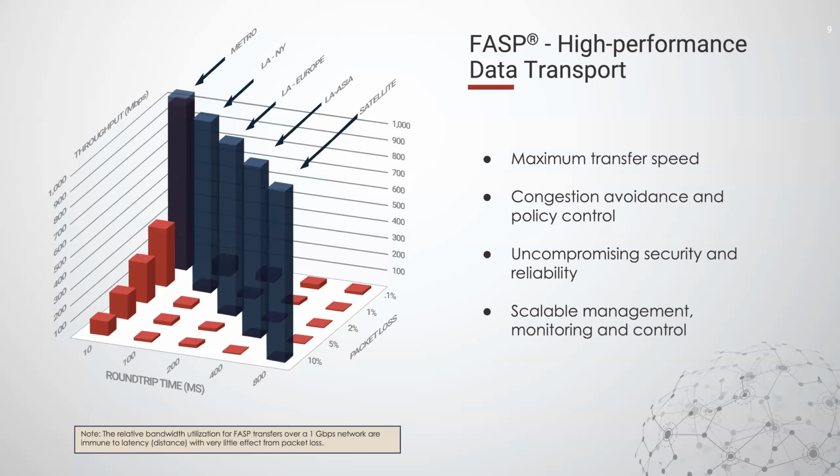Maybe based on the time of day, or who the end user is, or what source IPs they're coming from, or even in more of a real-time way based on what your business needs are. Those types of policies to give higher or lower priority or very specific speed limits are built into the protocol stack and are available not only through the Aspera software but through the APIs as well.